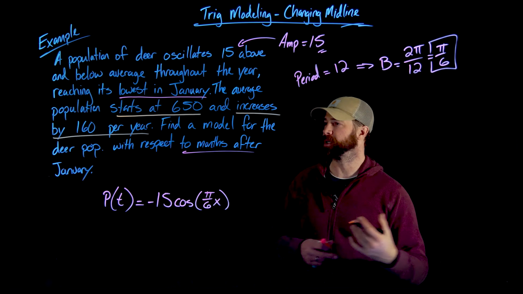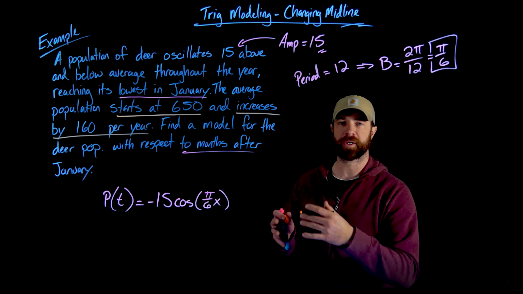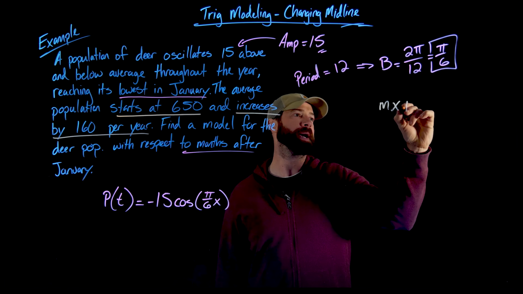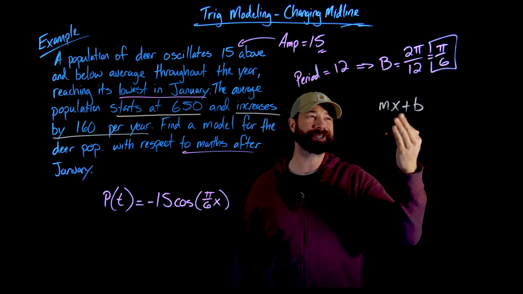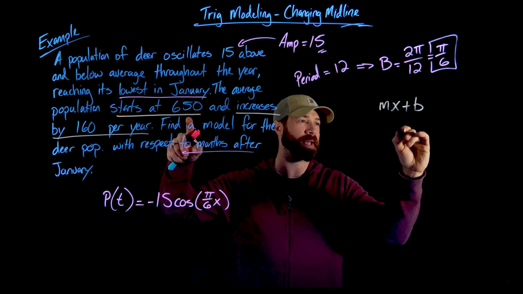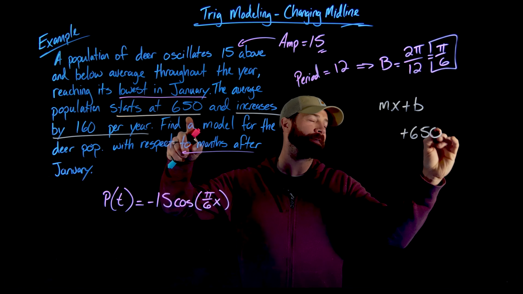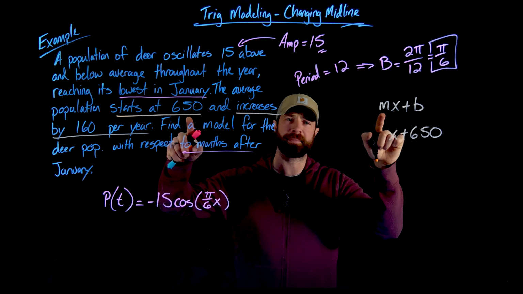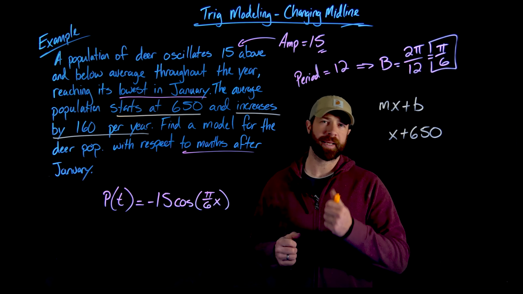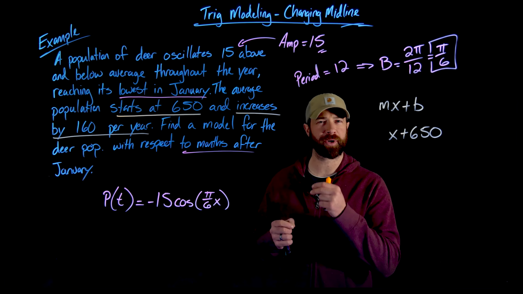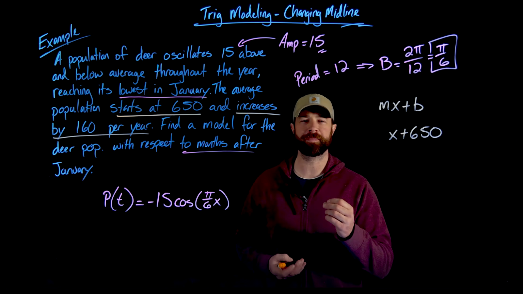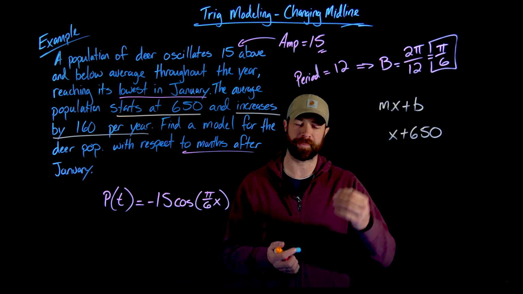What I want to do, and I'll do this on the side, is create a linear model with this information. We know that linear functions are of the form mx plus b. b is this starting value right here. We're starting at 650, so I get that for free. Now I need to find my slope. It says that it increases by 160 per year. Importantly though, that 160 is per year, and our x value, our input, is per month. So what we're looking for is how much this is increasing per month.